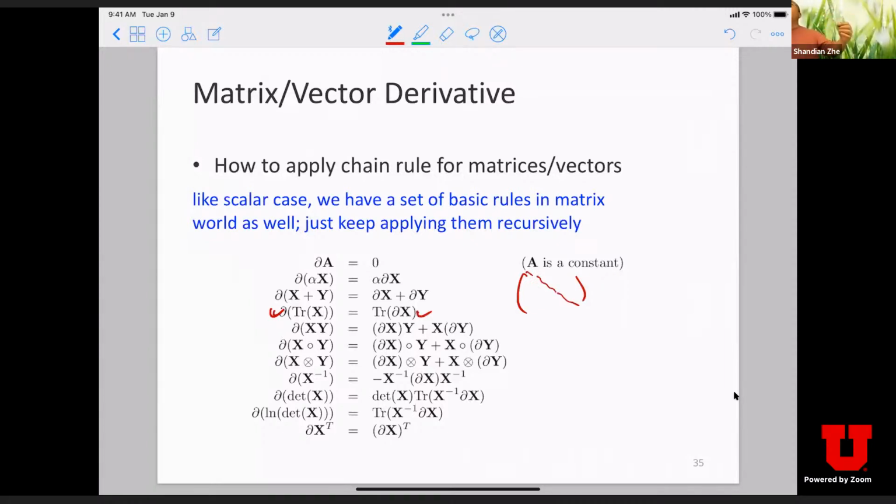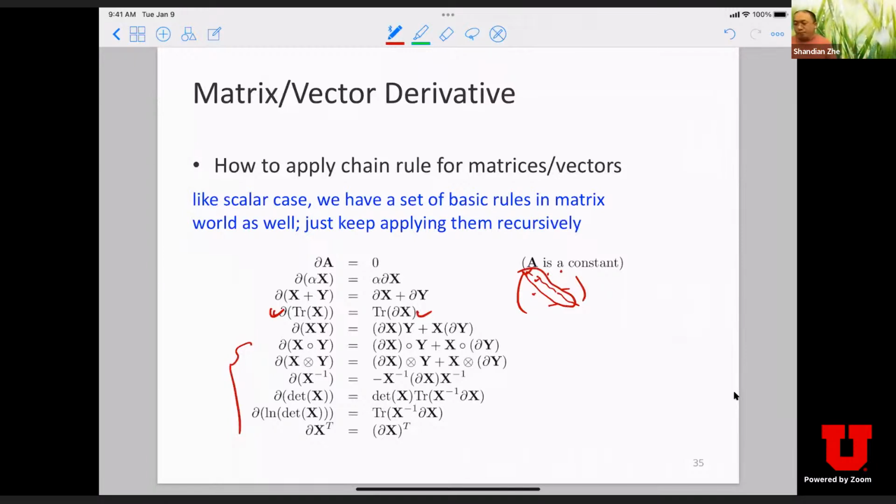This is a trace, right? And take the derivative. It is equal to first taking the derivative of every matrix element, then pulling out the diagonal part and adding them together.